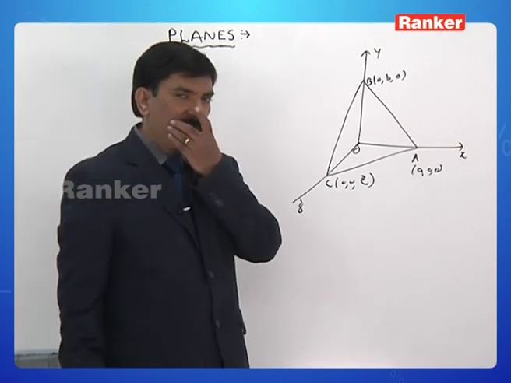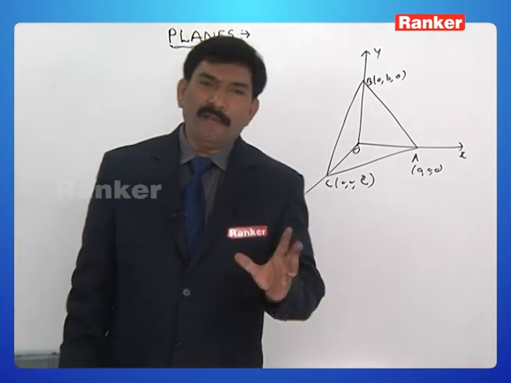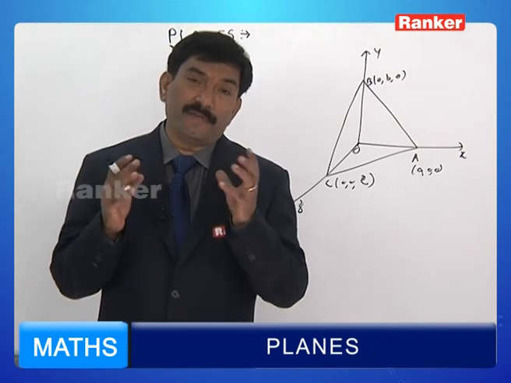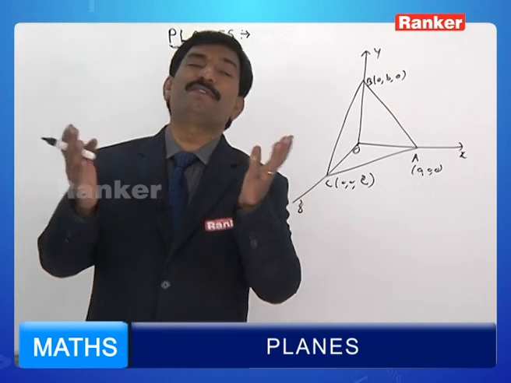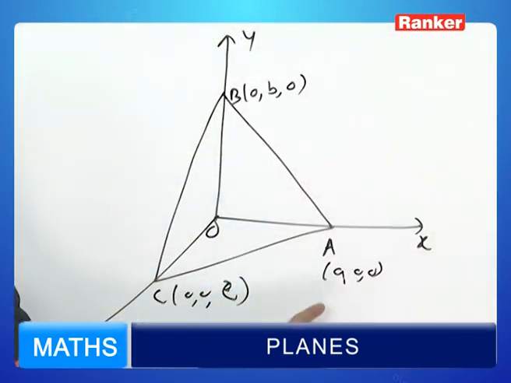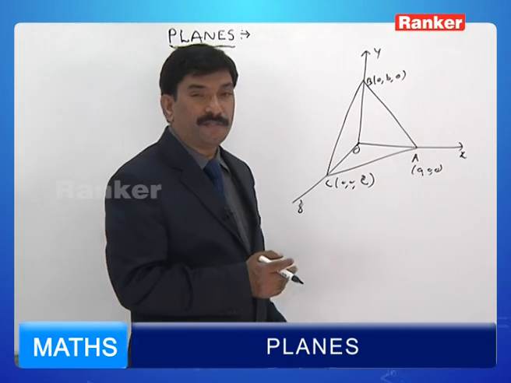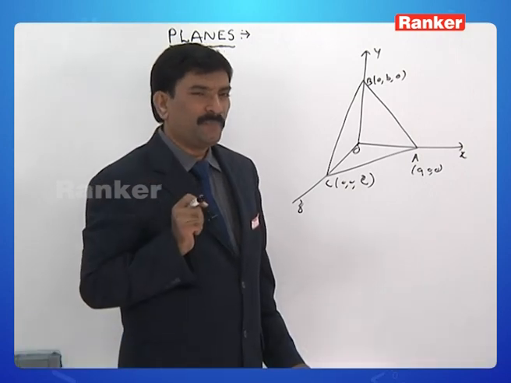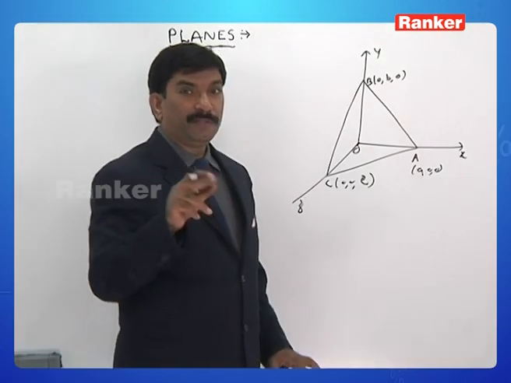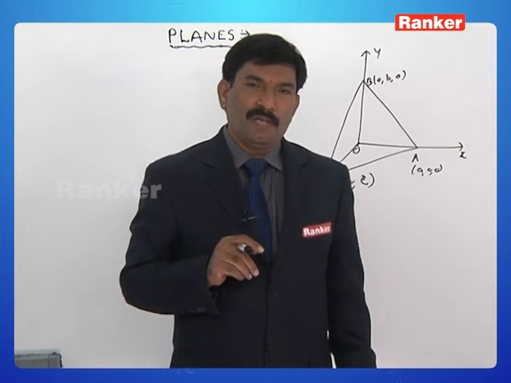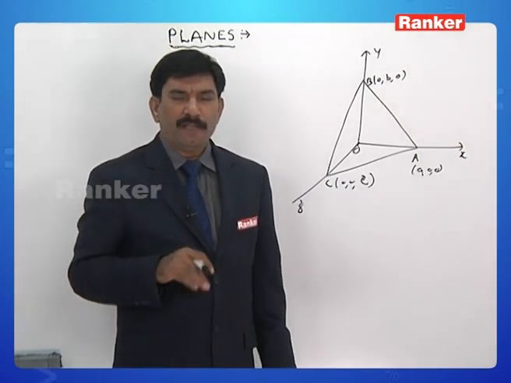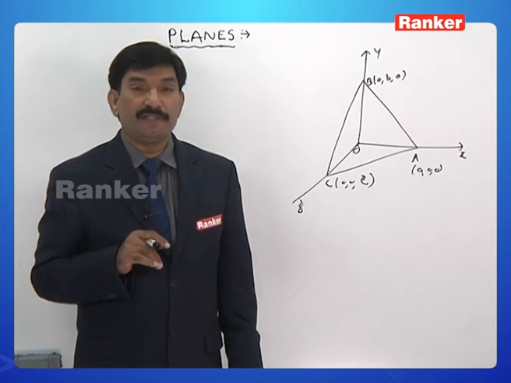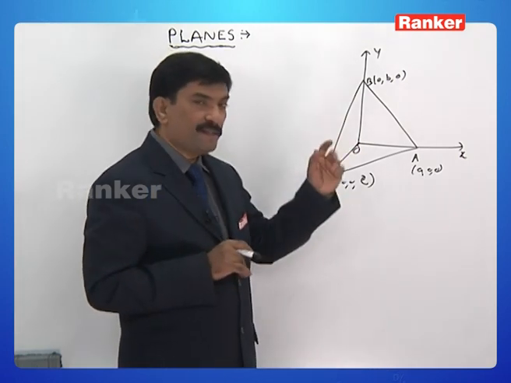So therefore, when a plane possesses x-intercept as A, y-intercept as B, z-intercept as C, it is quite obvious capital A is A 0 0, capital B is 0 B 0, capital C is 0 0 C. Then the area of the triangle formed by the plane x by A plus y by B plus z by C with the x and y axis is dash, with the y and z axis dash, with the z and x axis dash. Let us discuss about that.